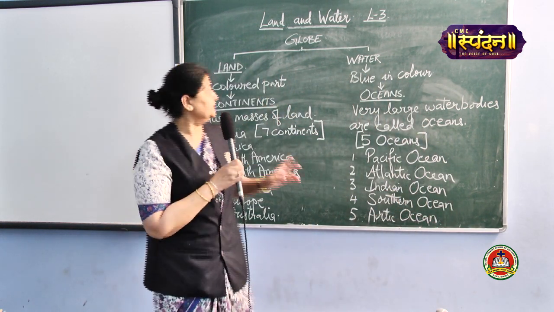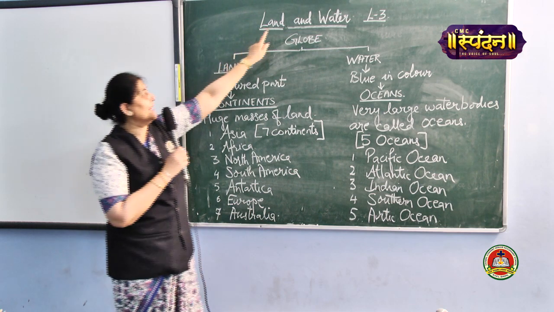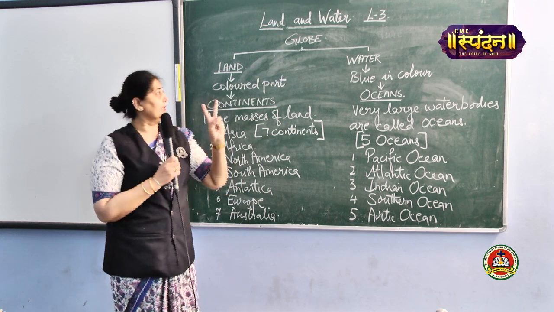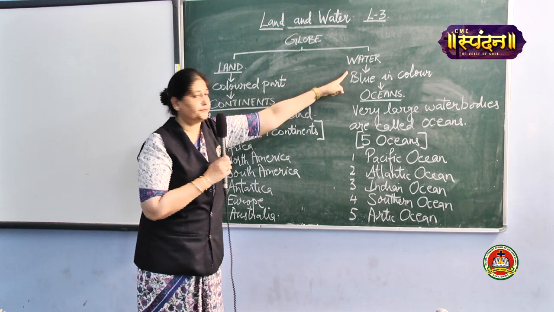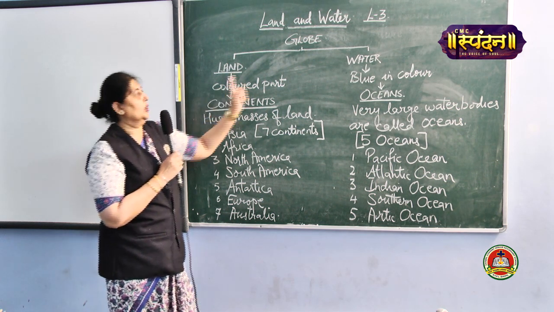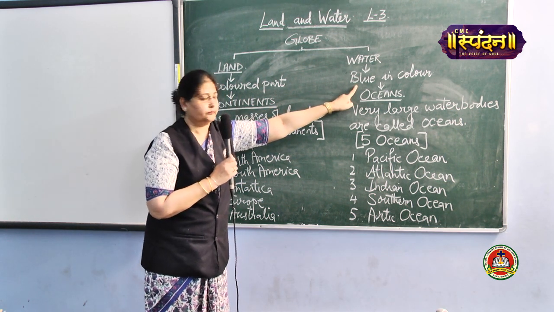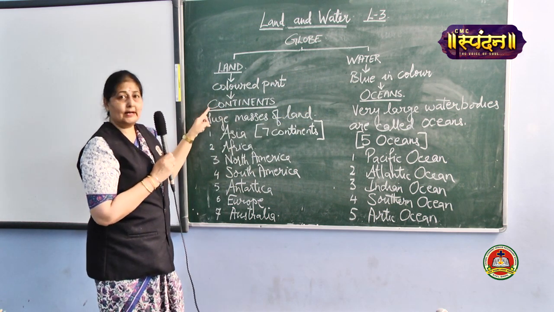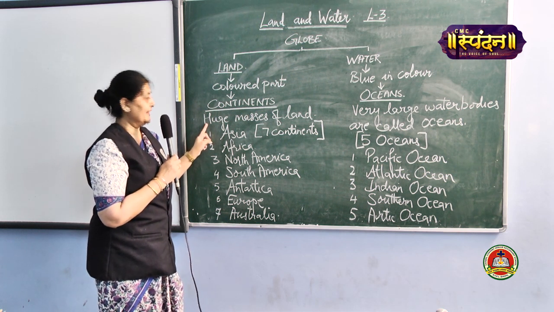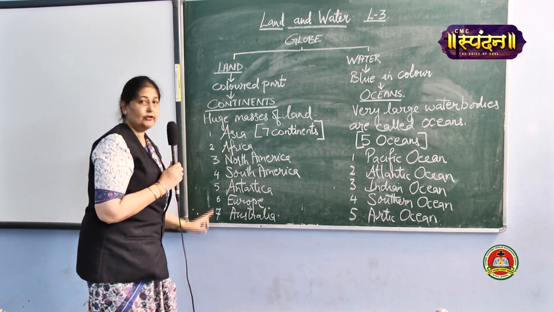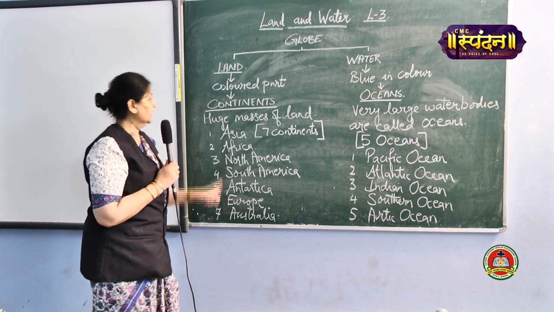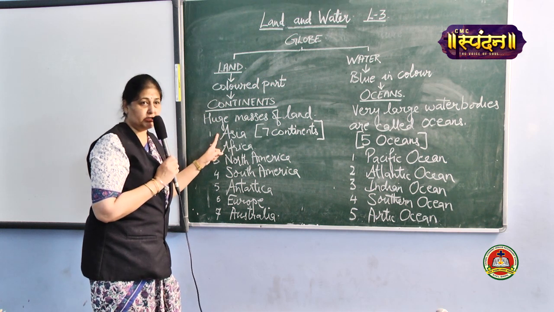Now once again I'll tell you, this lesson is land and water. I showed you the globe. On the globe, 2 features are clearly shown, land and water. Land is shown by colored parts, water is shown in blue. The land areas are called continents. Continents are huge masses of land. There are 7 continents starting from the biggest to the smallest. Okay children? Asia is the largest continent.